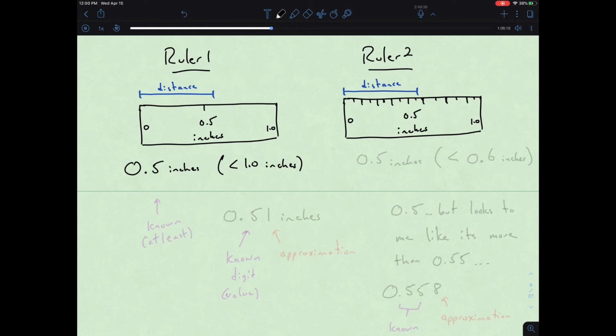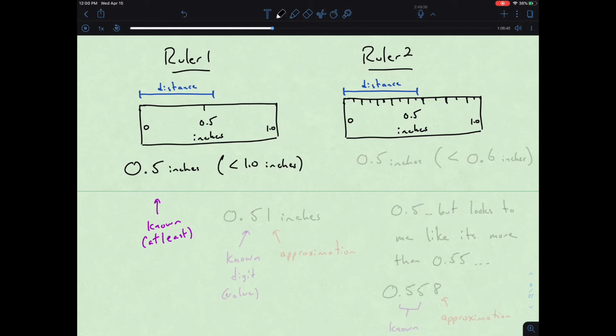So that's the idea of the known value. And now we go to an approximation, meaning that I know it's greater than 0.5. It's at least 0.5 inches, but it's a little bit more than that.